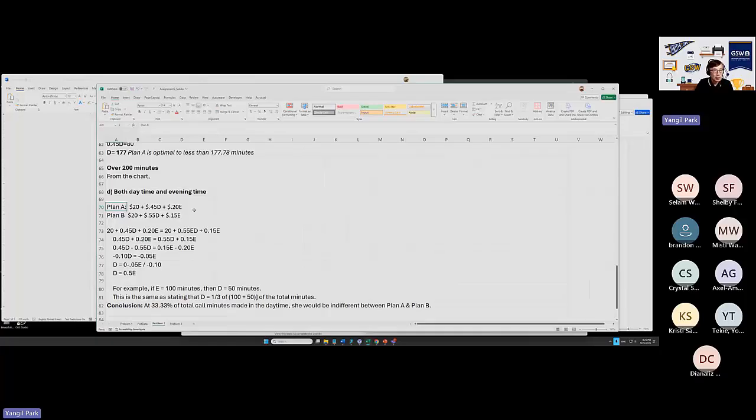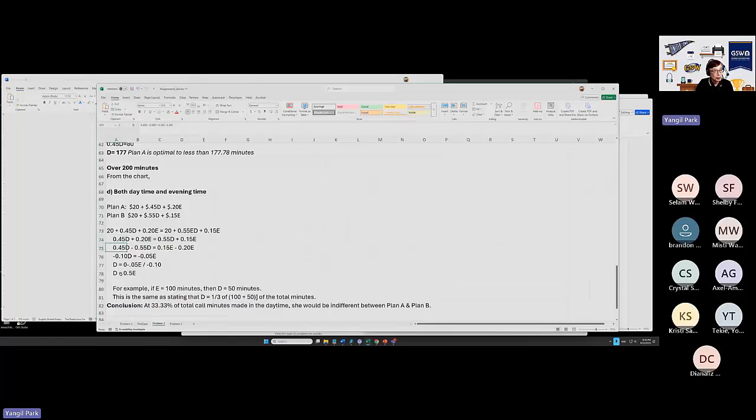Just as in the case presented, we set up the formula just like that. Same thing, plan B is 55 cents and 15 cents. The only difference is adding the D and E so that we can solve for D and E. And we make an equation.